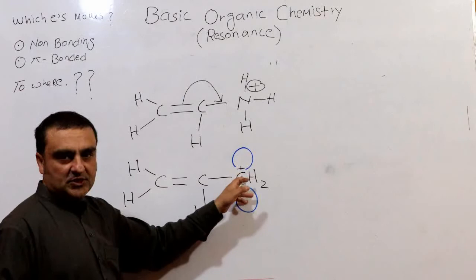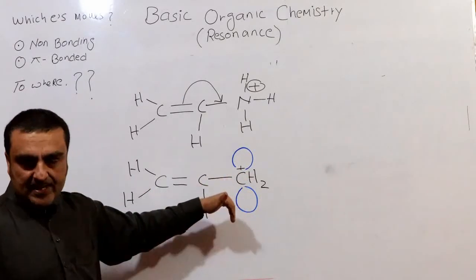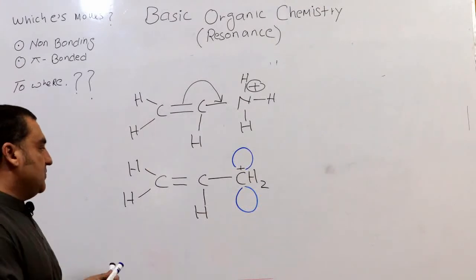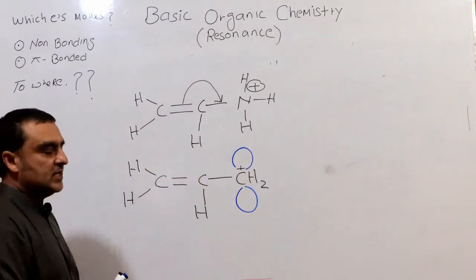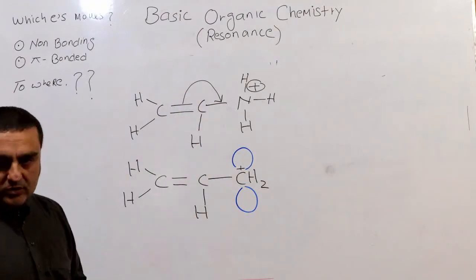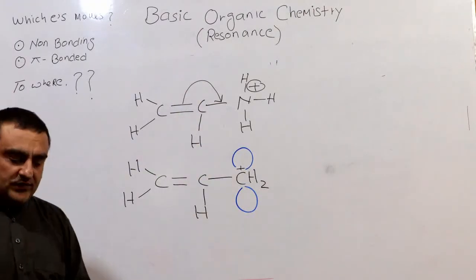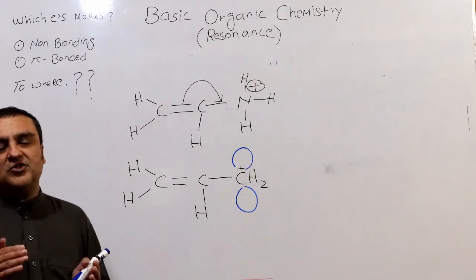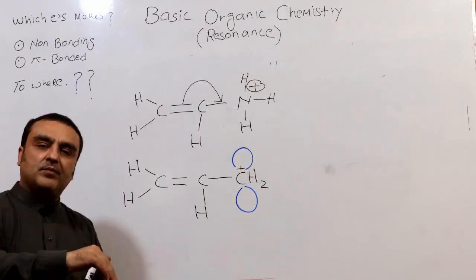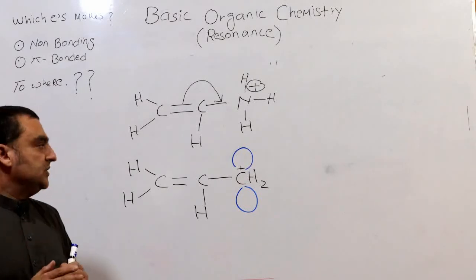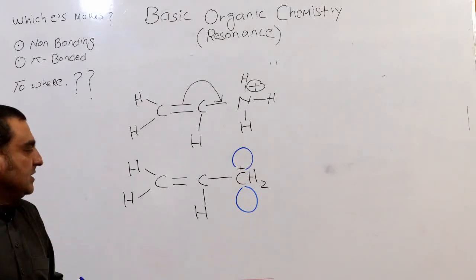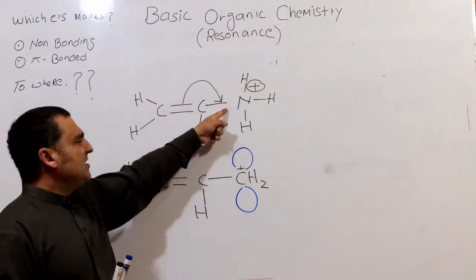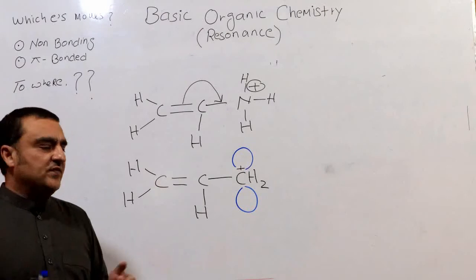This thing has a positive charge too, but here there is a vacant space or p orbital available which can accommodate those 2 electrons. So here the resonance form is okay, and here the resonance form is not okay. So we should also remember that the electron should not be moved to all positively charged atoms. This is a positively charged atom, but it is also electron deficient. This one is positive, but it is not electron deficient, okay.